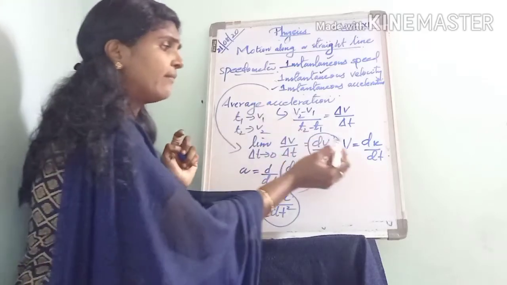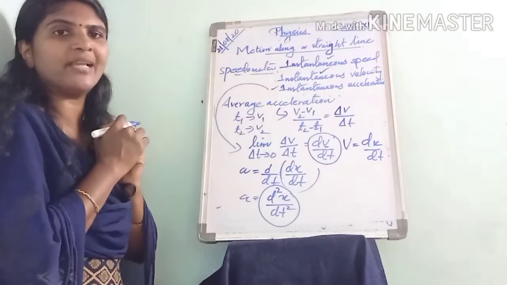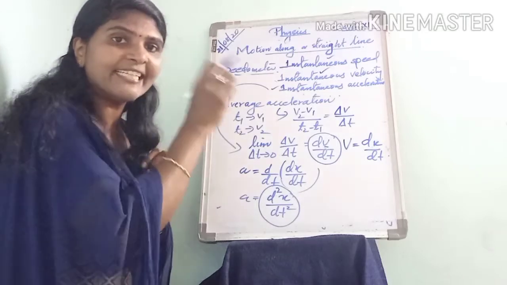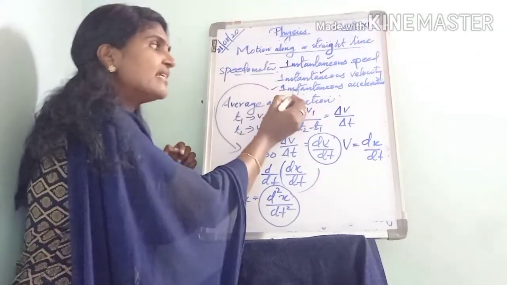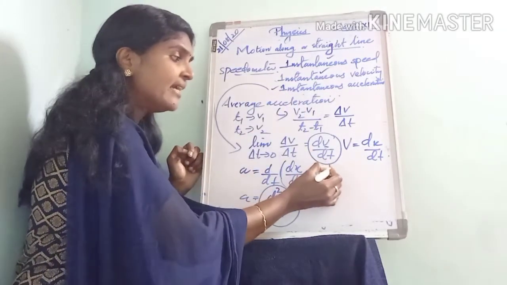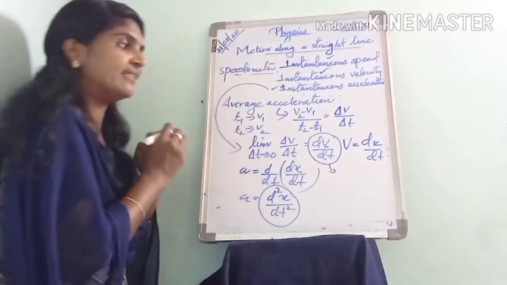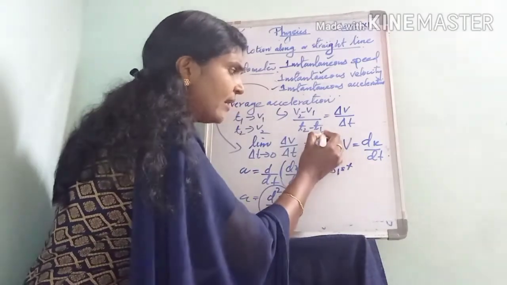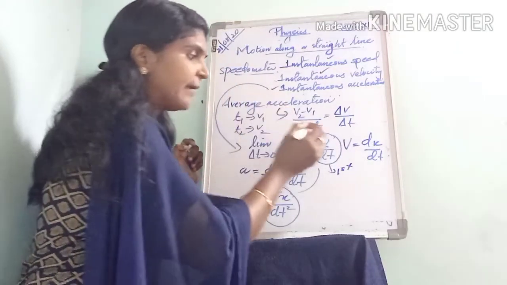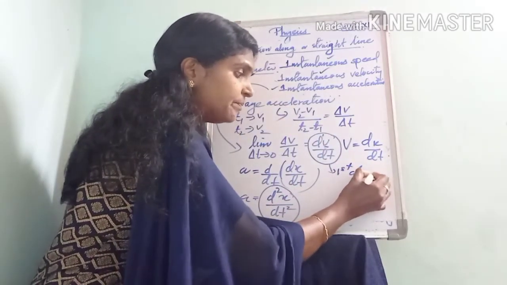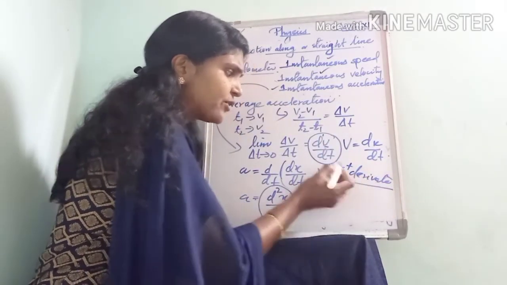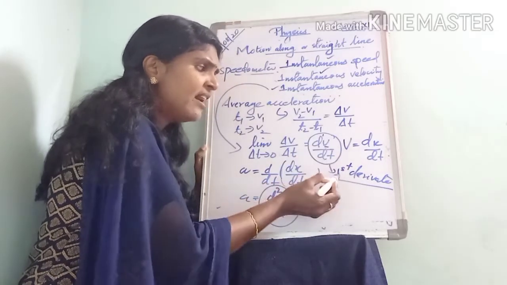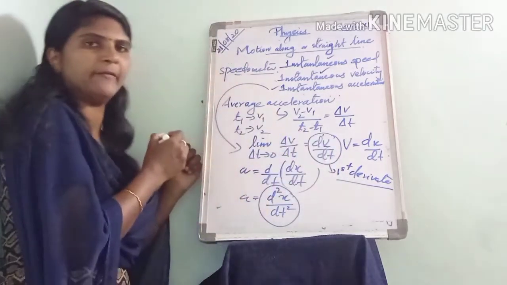You know what d by dt is? It is an operator called the derivative. So for instantaneous acceleration, d by dt is the first derivative, because here the power is 1. So dv by dt, or d by dt of v, is called the first derivative of velocity.